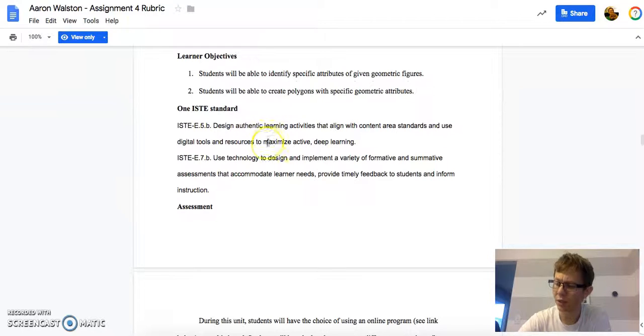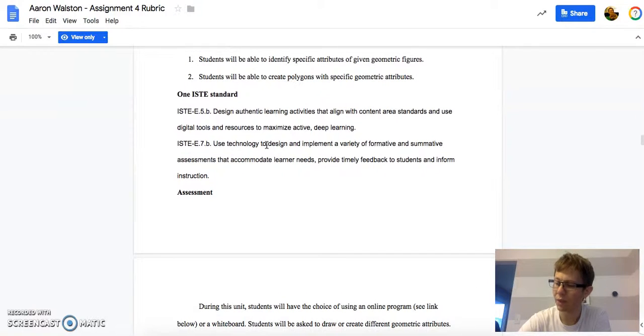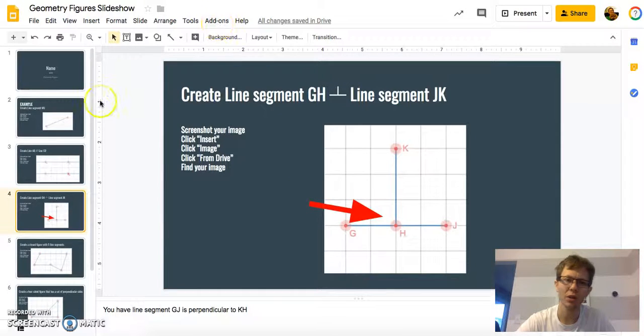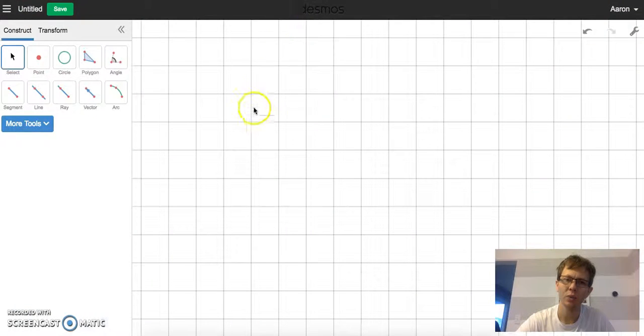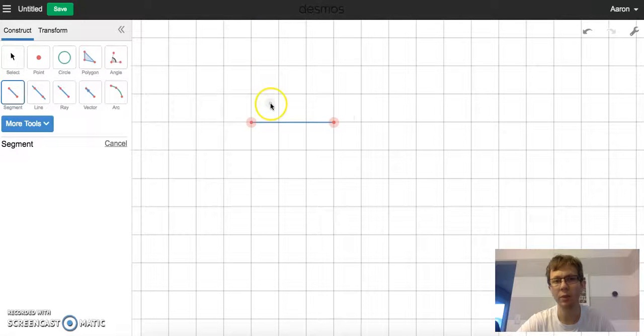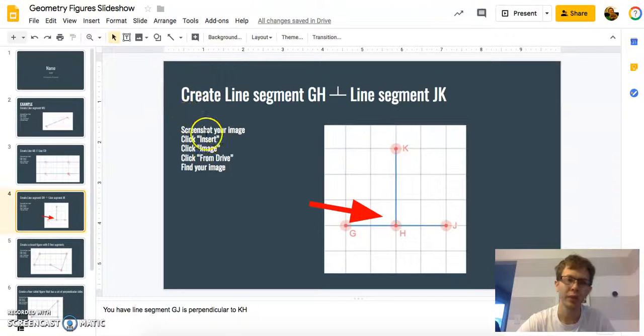Do the tasks involve complex real-world applications of the identified skills and understandings? I'd say yes and no to this one, because they had to use this website to create certain figures and then take screenshots and put those screenshots into a Google slideshow that I had created most of for them.